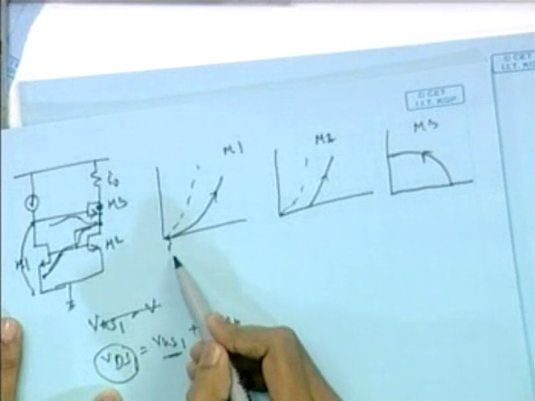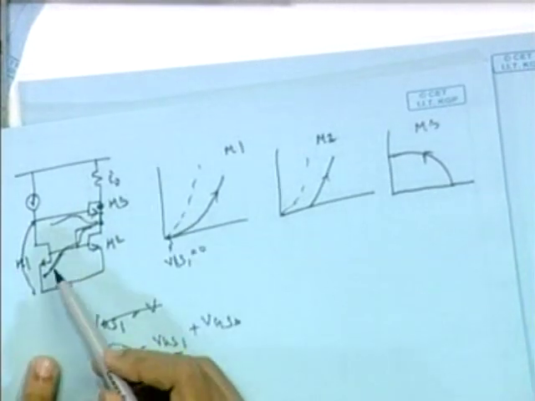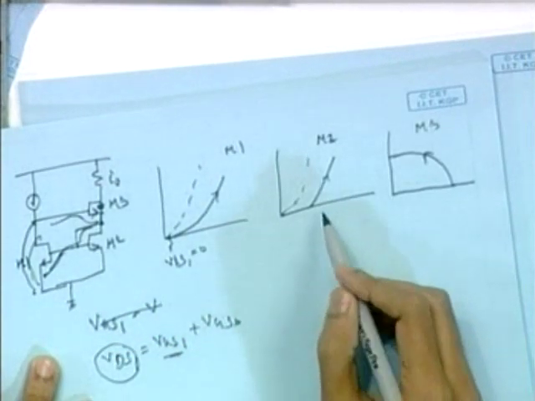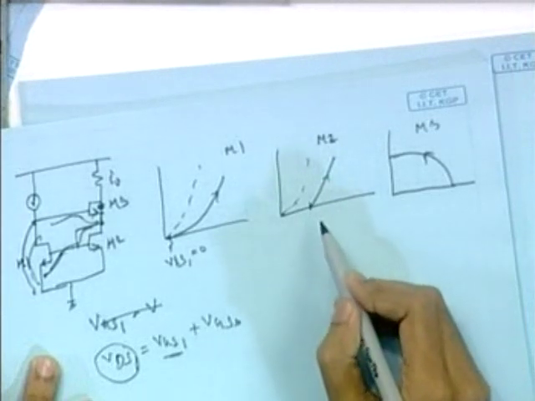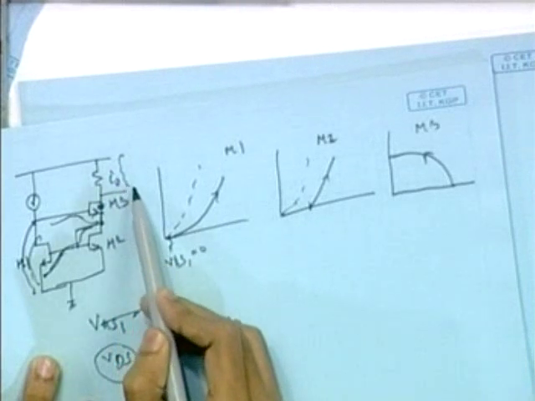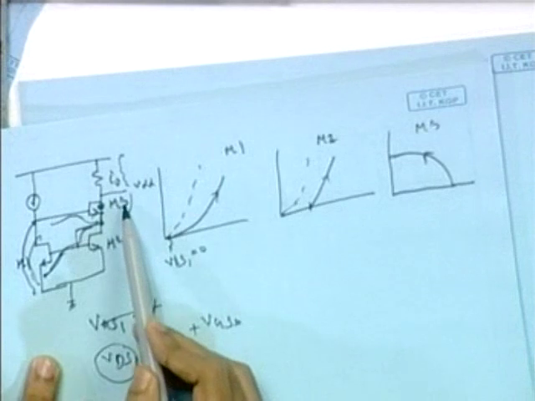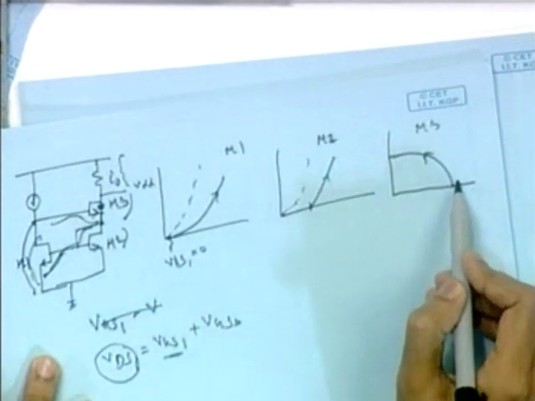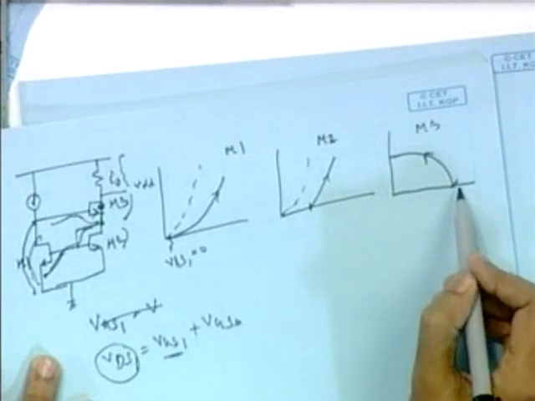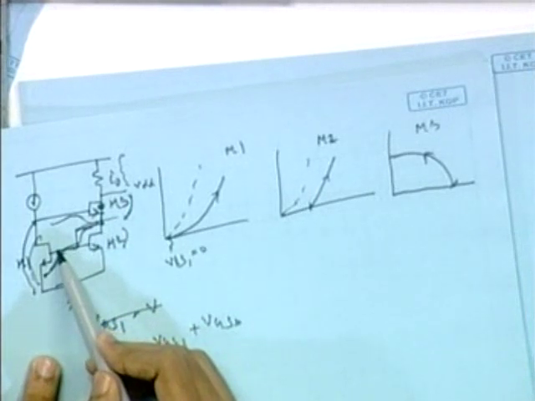It will start from VDS 0, I mean when there is no current, it will start from 0. But for M2 it will start from cutoff, because when there is no current, this voltage will flow here, it will be VDD. So there is a finite voltage across this and that also. So M3 and M2 will start from some finite voltages, and if this voltage is finite, the gate voltage of this will also have to be finite.